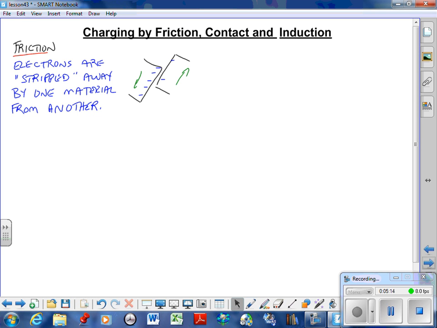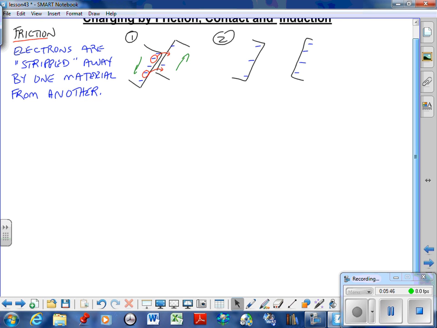What happens then is that those electrons will be stripped away by the other material, so that in phase 2 we pull those objects apart from each other. The one just has 3 electrons now, and the other one now has 4. So that friction just strips the electrons away by one material having a greater attraction, wanting those electrons. Okay?